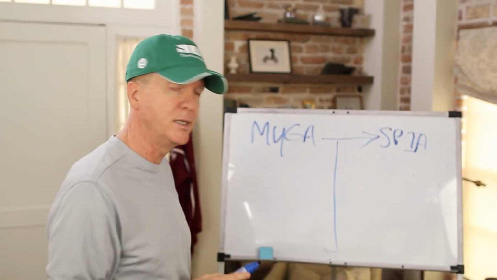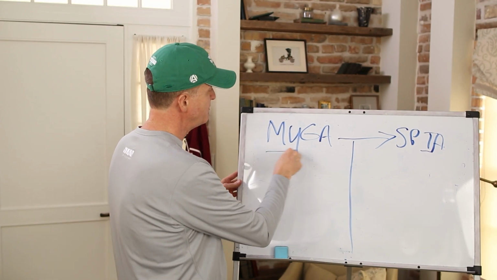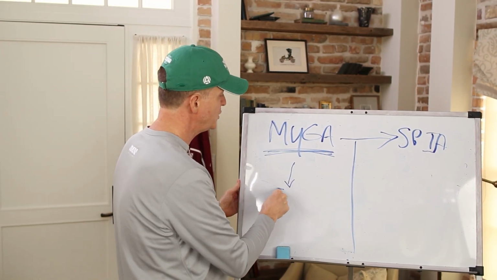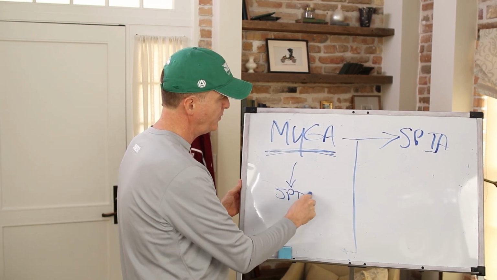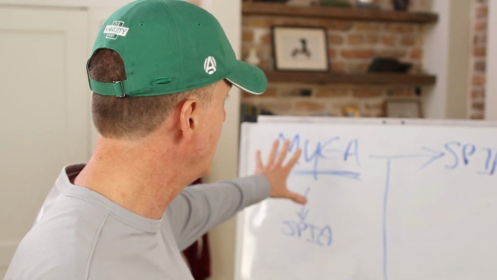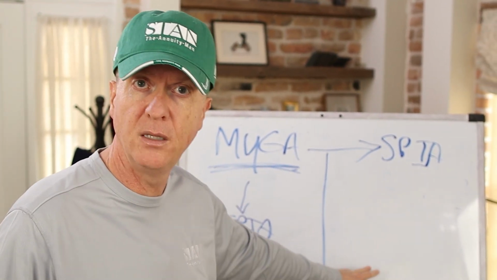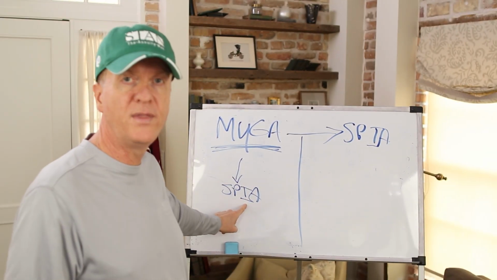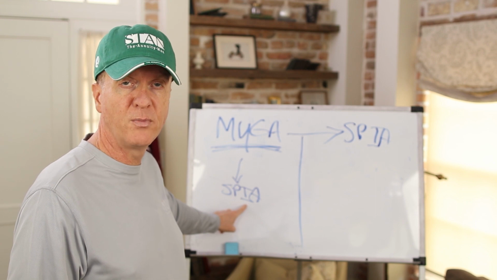But before that happens, here's what has to happen legally. We have to go to this MYGA company that he's currently at, and we have to run an internal SPIA quote at that company. That's what we have to do. We have to make sure that when we run the SPIA quote here for him at StanTheAnnuityMan.com, that it's higher than what that company that he's currently at is providing.